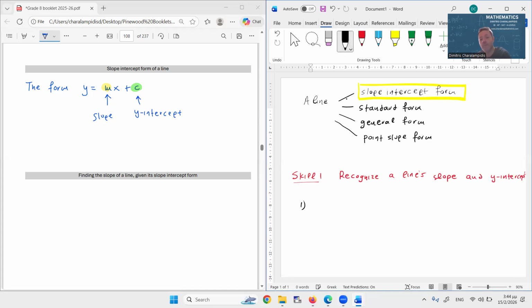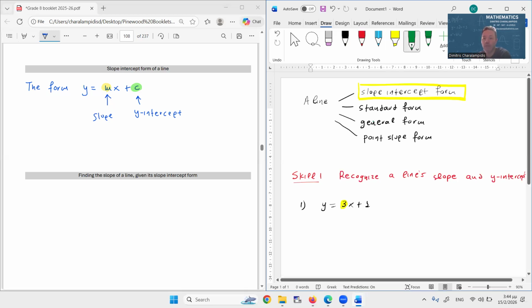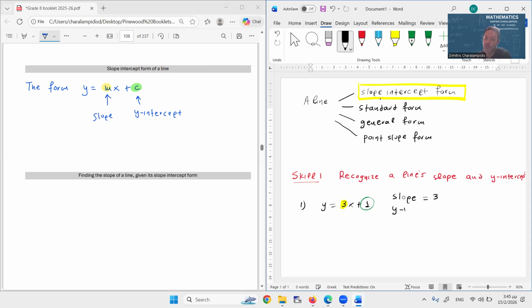Example number one, y equals 3x plus 1. This is given directly in the form something times x plus something else. So this is the slope, and this is the y-intercept, which means that in this case, the slope is 3 and the y-intercept is 1.